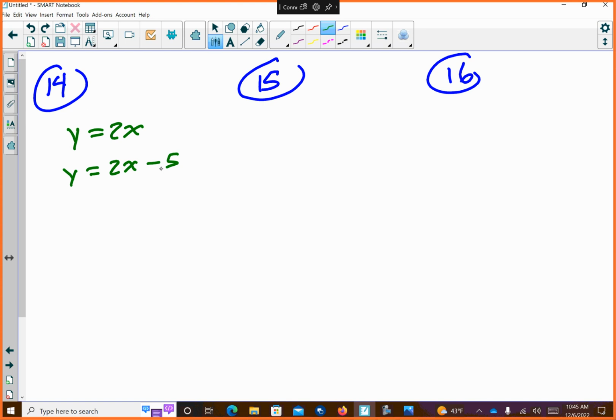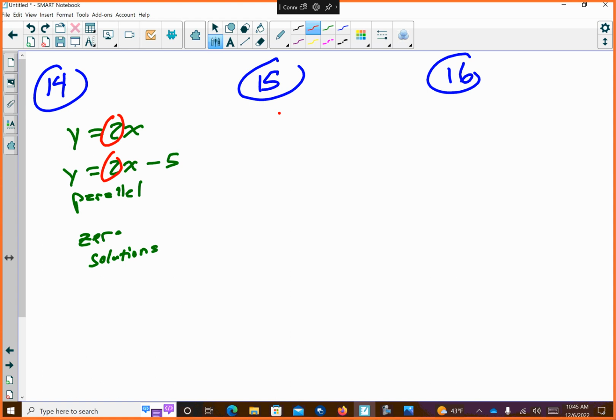No, but same slope with different equations means they're parallel. So parallel has how many solutions? 0 solutions. I have a slope of 2, I have a slope of 2, but one of them has -5, so they're parallel.